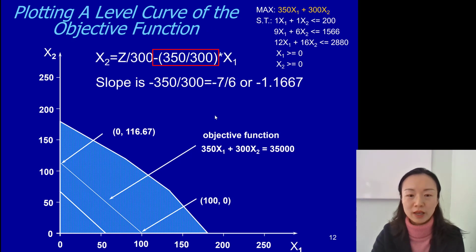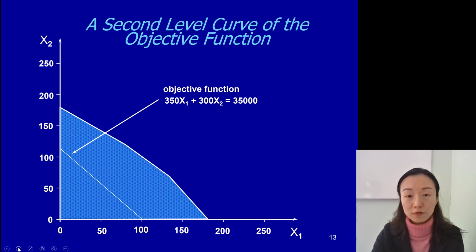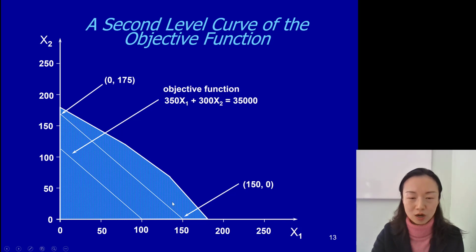Okay, so we can keep using this same slope to draw different lines that share the same slope. For example, the first one we draw has an objective function of 35,000. And if we identify a second line, for example, through the point 0, 175 and the point 150, that has the same slope of negative 1.1667, that's another line.